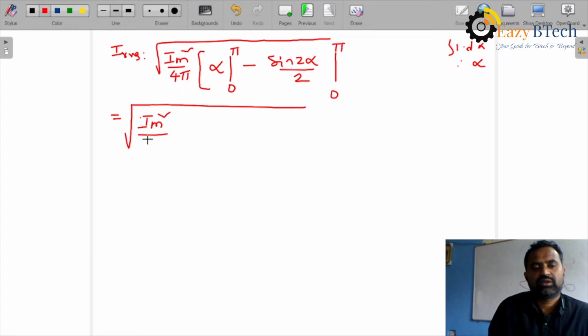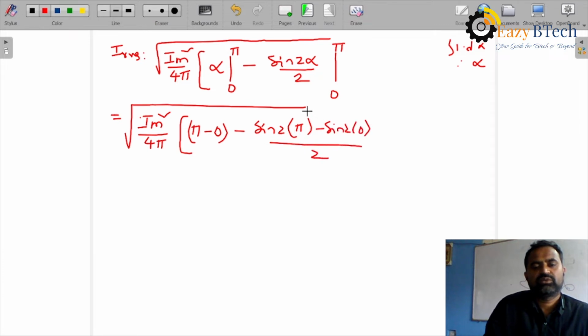Im square by 4 pi into, in place of alpha you can substitute the interval pi minus 0, minus sine 2 into pi, minus sine 2 into 0, by 2.